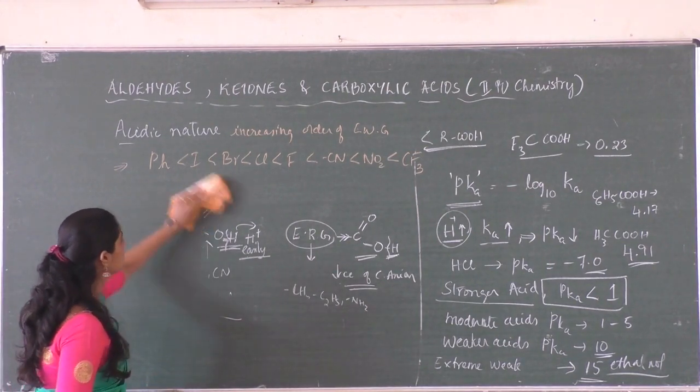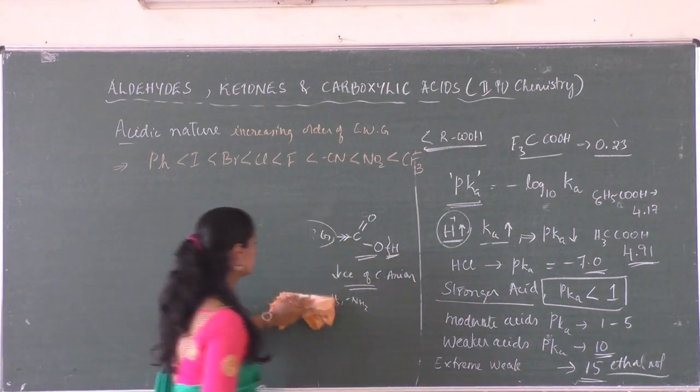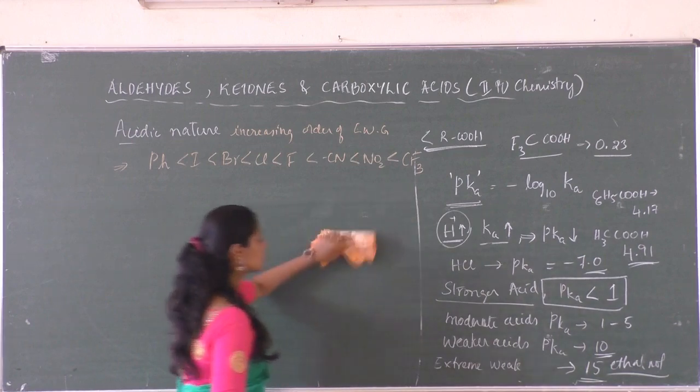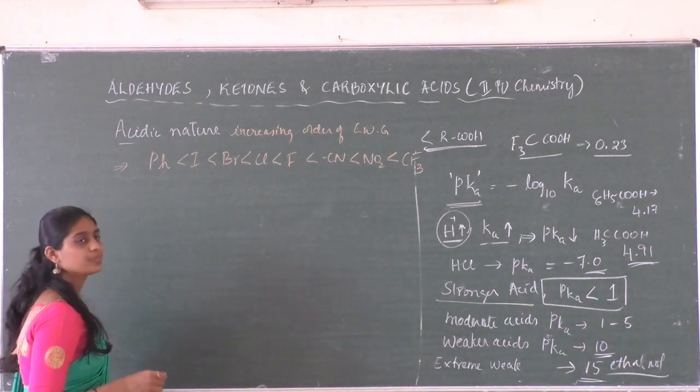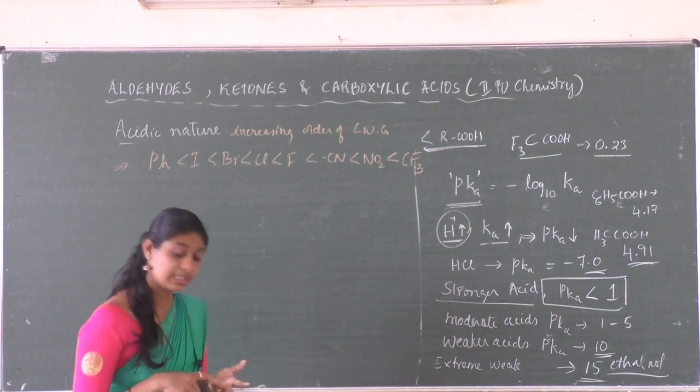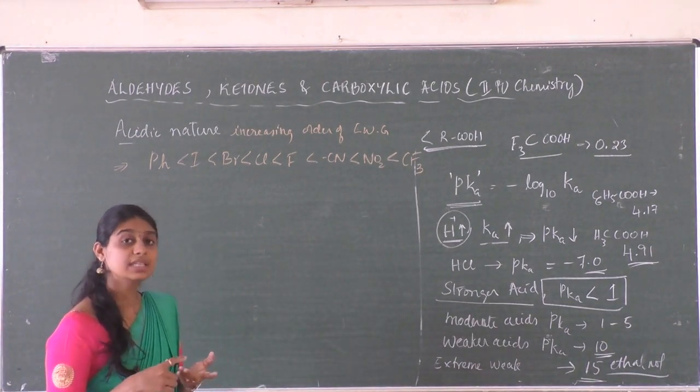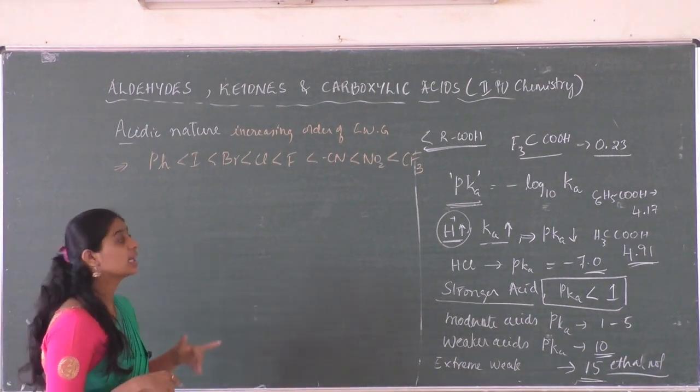So the acidic character also varies by the nature of the substituent group, then the number of the substituent group, and the distance of the substituent group from the carboxylic acid.